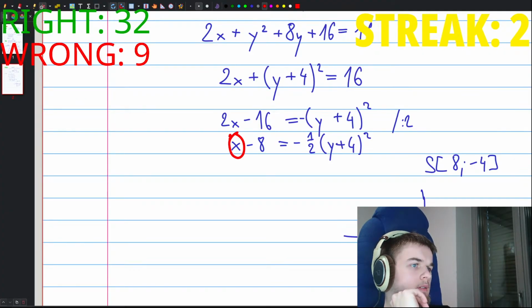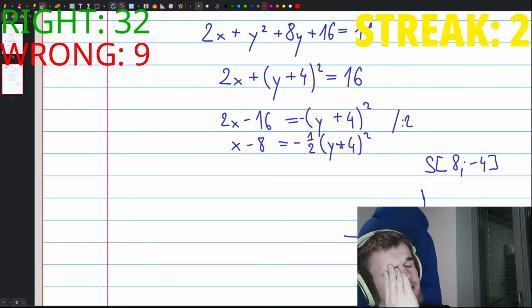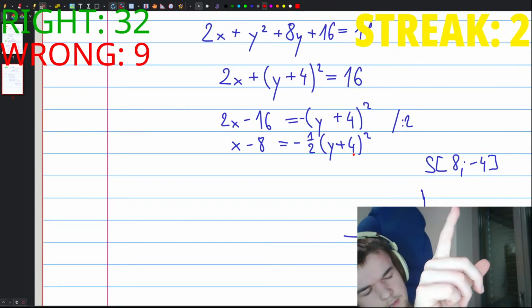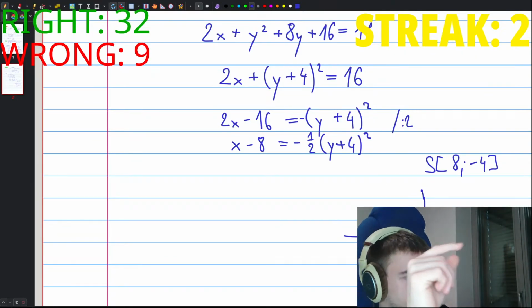If I input x as 0 here, I get this minus 8, I multiply by minus 2, I get 16. I square this, I get y squared plus 8y plus 16. I subtract 16, I get y squared plus 8y equals 0. So one solution is 0, which is this, and one solution will be minus 8.